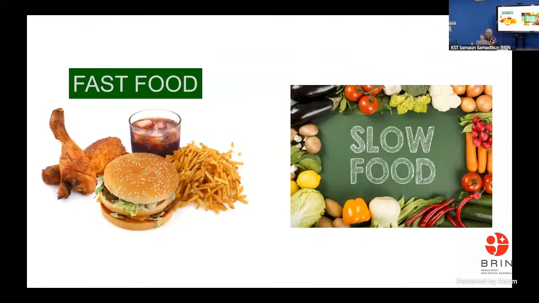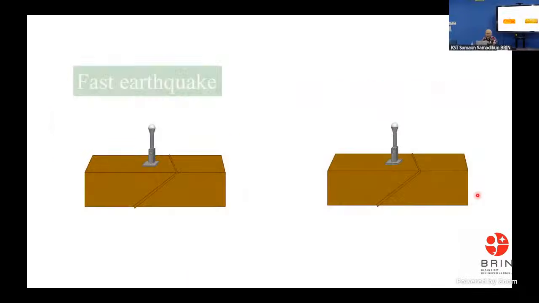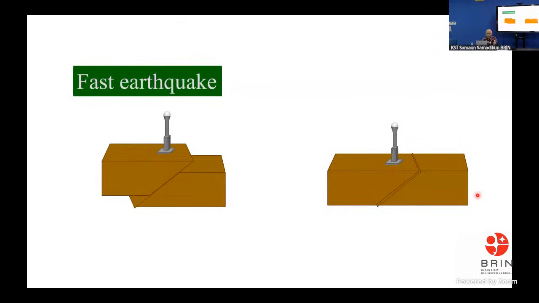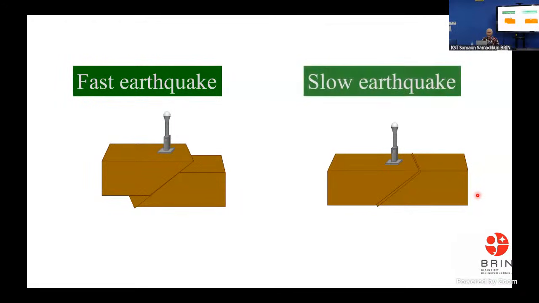So food can be classified into fast food and slow food. And earthquakes are also either fast earthquakes, just ordinary earthquakes, or slow earthquakes.